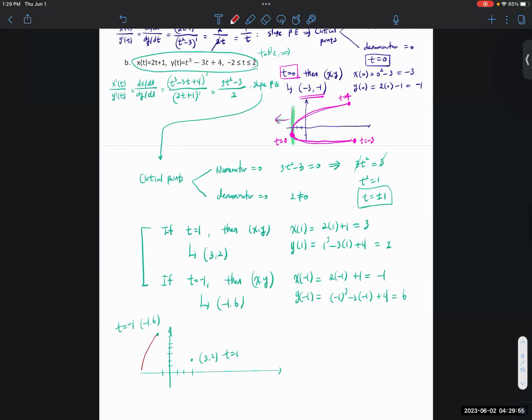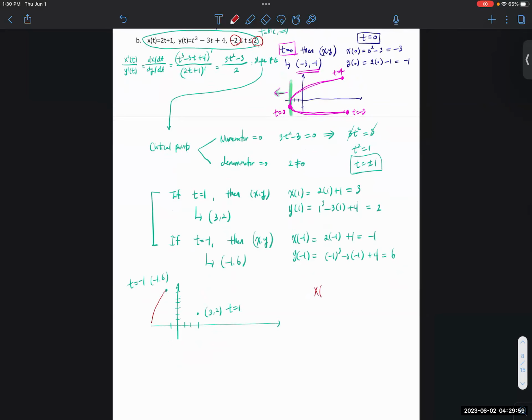Exactly. Or you can plug in negative 2 and 2, the ending points. So x of 2 is 5, y of 2 is 8 minus 6 plus 4, 6. So 5 and 6, somewhere here.